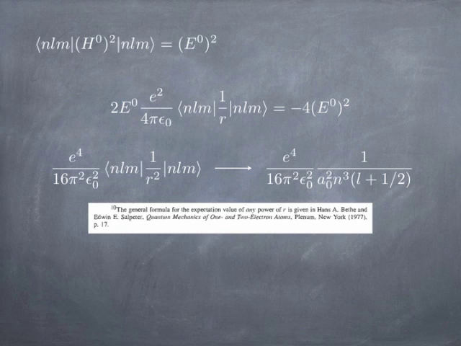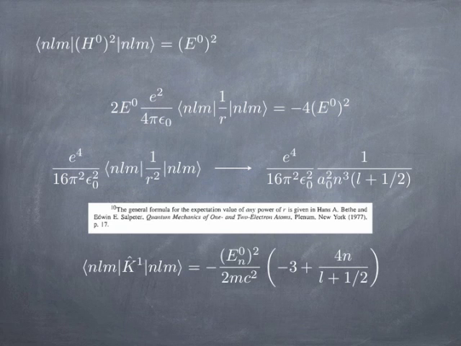I don't expect you to actually work that out at this point. And when you plug all that back in, what you get is the expectation value of the perturbation. When you put all three terms back together, it looks like this. Notice it only depends on L. So if you know L, then you can work out the expectation value of the perturbation.